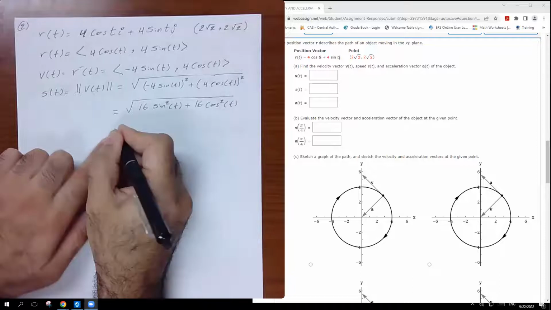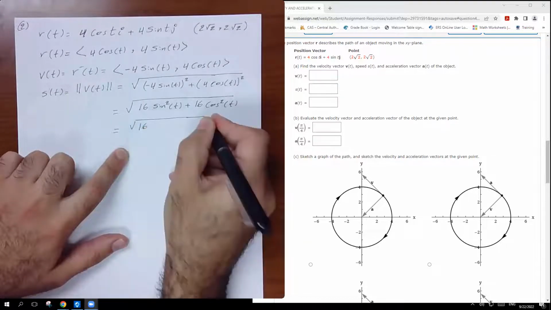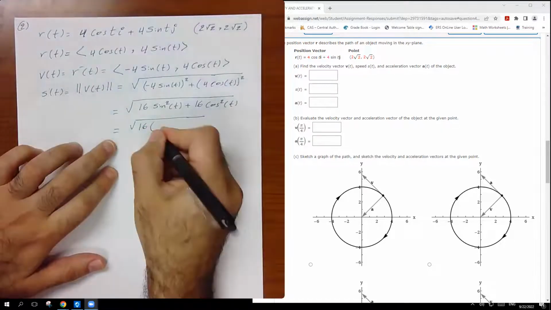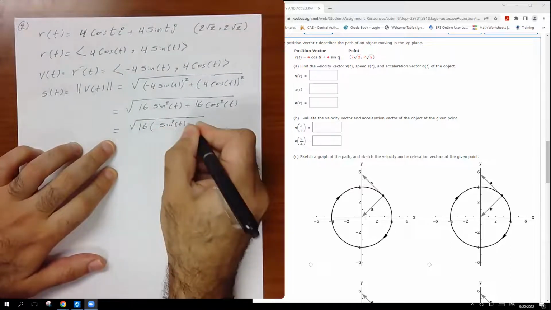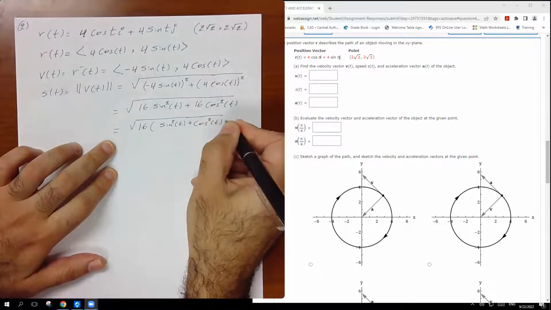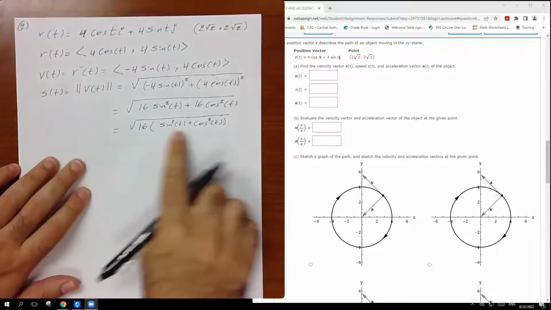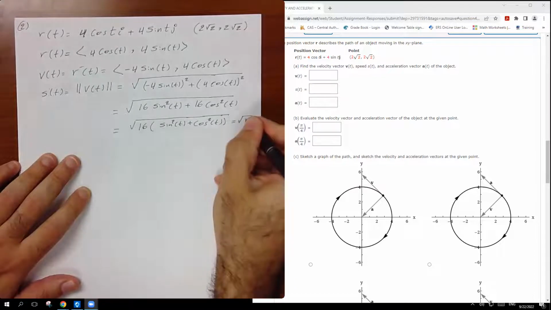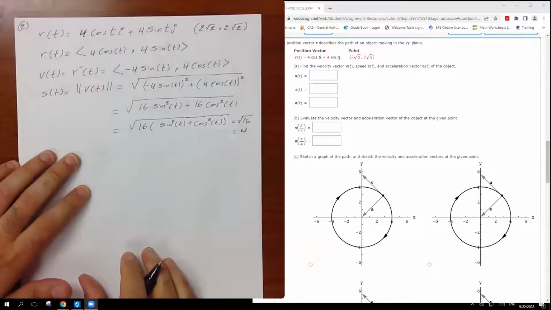And this one is going to be equal to the square root of, I'm going to take the 16 as a common factor, and what is left is sine squared t plus cosine squared t. This one is going to be equal to 1. Cosine squared plus sine squared is going to be 1. That means it's going to be the square root of 16, which is equal to 4. So the speed is going to be 4.